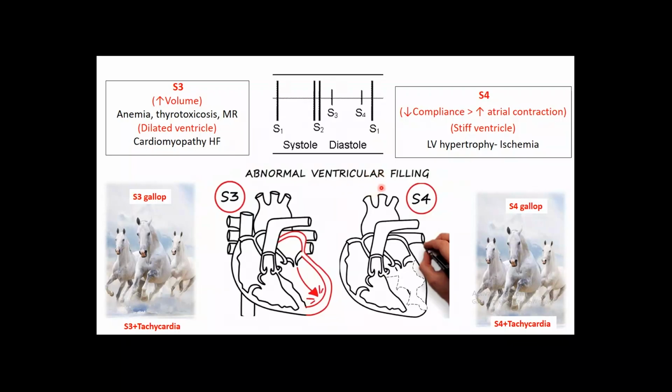If this extra sound is associated with tachycardia, this is called a gallop. S3 with tachycardia is called S3 gallop, and is seen mostly in patients with decompensated heart failure. If S4 is associated with tachycardia, it is called S4 gallop.